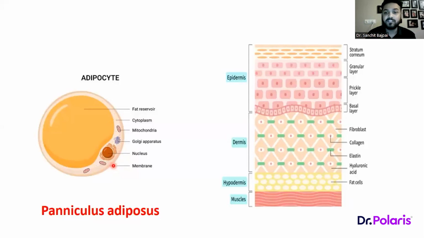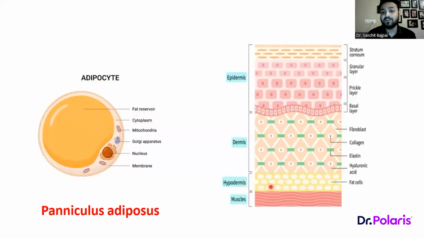It is always present towards the periphery. And the major part inside is filled with a lipid droplet. So you see, this is the fat reservoir, which is the lipid droplet, and it has this nucleus, which is what we call eccentric. Eccentric means towards the periphery, right? This nucleus is flat and it is towards the periphery and the center is filled with the droplet. This is a characteristic of a fat cell.